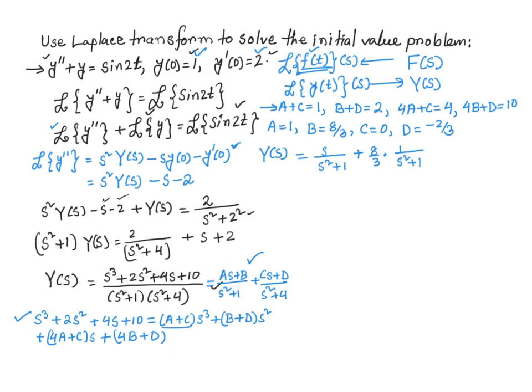Then the next one is going to be c is 0, so this is going to go away, and d is negative 2/3. So it's going to be negative 2/3 times 1 over s squared plus 4. All right.